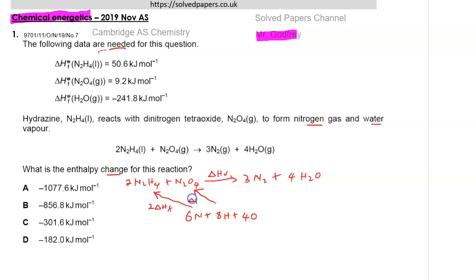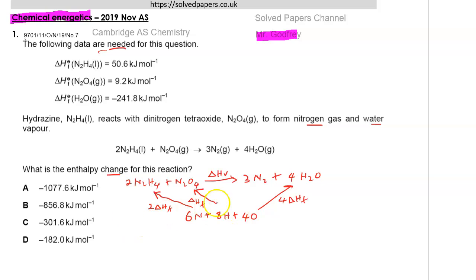You can also get to the water, which will be 4 times the enthalpy of formation of water. Of course, the enthalpy of formation of any element is basically 0, so you just ignore the nitrogen right there.